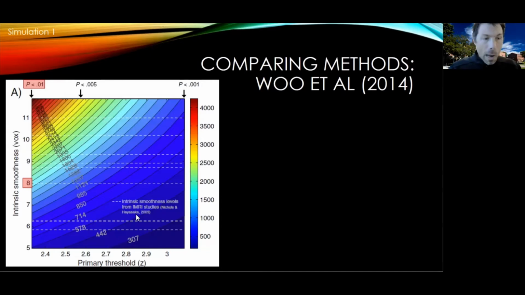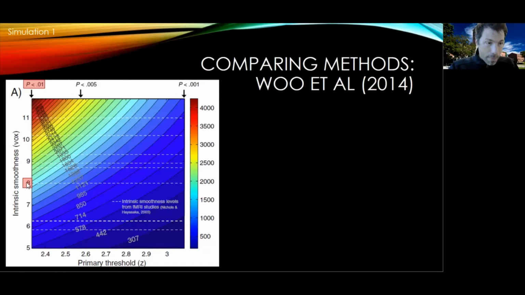For example, let's say that your study just happened to have an intrinsic smoothness of about 8 voxels. If you had 8 voxels, and if you used a threshold of 2.3 to create the clusters, so remember, using the random field theory approach, if you put your threshold at 2.3, given that smoothness, how big of a cluster would you usually expect to get?